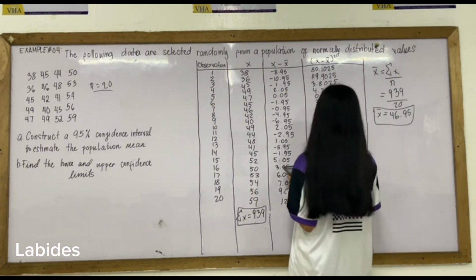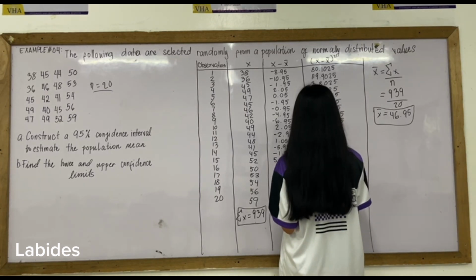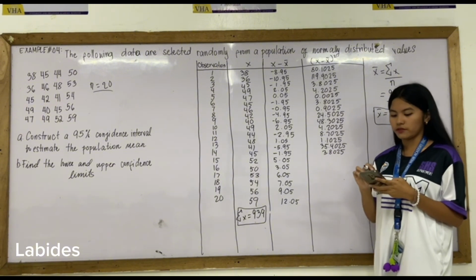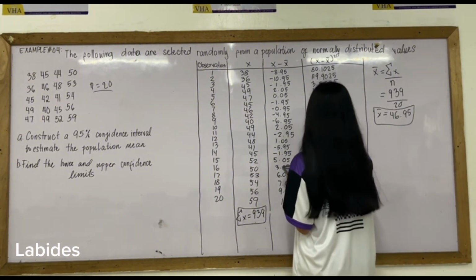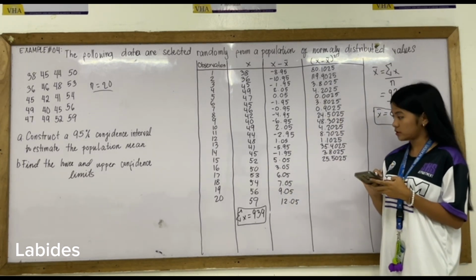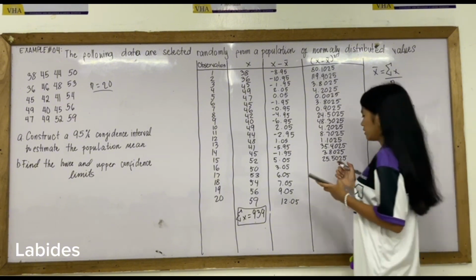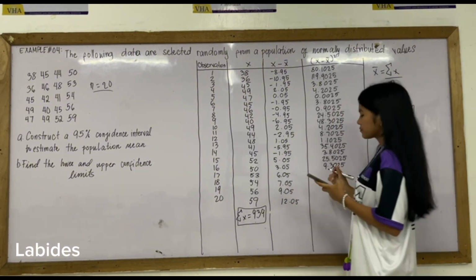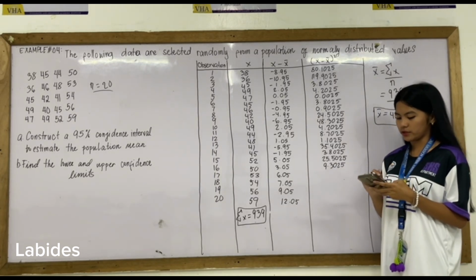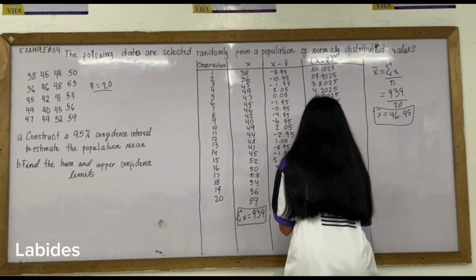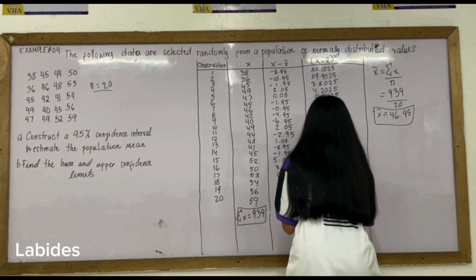And then 1.95 squared, that is 3.8025. Next, 5.05 squared, 25.5025. Next, 3.05 squared, that is 9.3025. And then 6.05 squared, that is 36.6025.